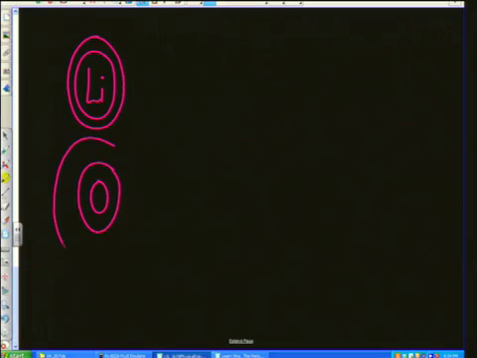Lithium has its 2 energy levels. Sodium has its 1, 2, 3 energy levels. And I'm exaggerating these. Let me redraw the second part, because I haven't drawn it particularly well. Let's redraw that quickly.